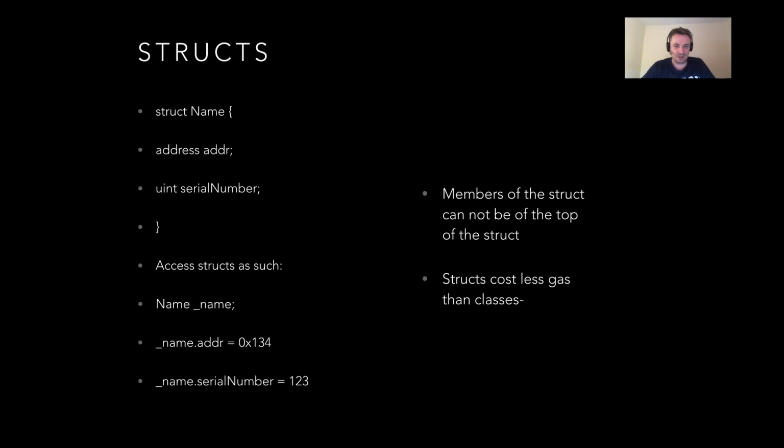And then you can access structs as the name, so it's underscore name dot address for the address and underscore name dot serial number for the serial number. Be careful that structs cost less gas than classes. So try not to declare classes within contracts themselves, but declare the structs and the functions separately.